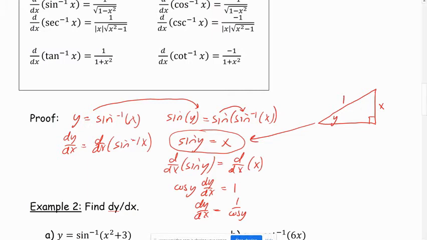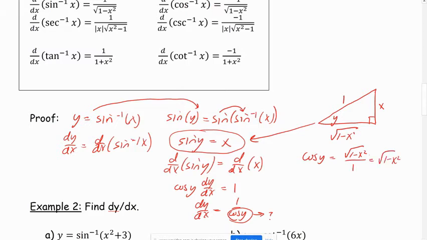And so now if we use the Pythagorean theorem, this side is the square root of 1 minus x squared. Now that we have all three sides here, we can say the cosine of y. The reason why I'm doing cosine is because we want to know what that is. We're trying to get an answer in terms of x. And so the cosine of y is equal to adjacent leg over hypotenuse. So that's going to be square root of 1 minus x squared over 1, which is just square root of 1 minus x squared.